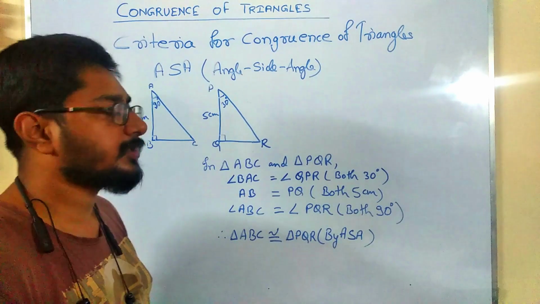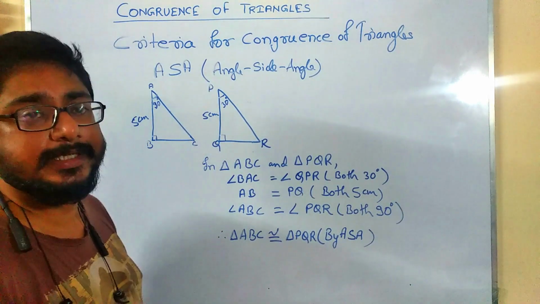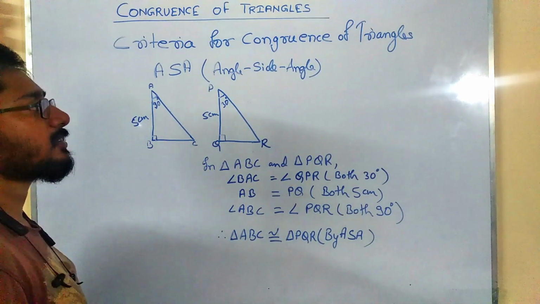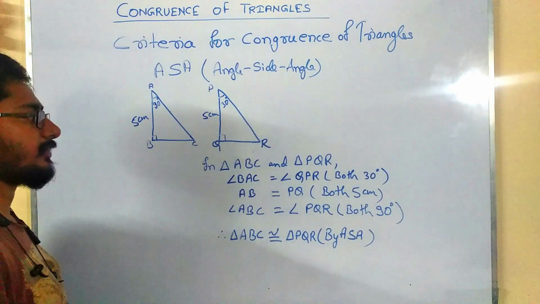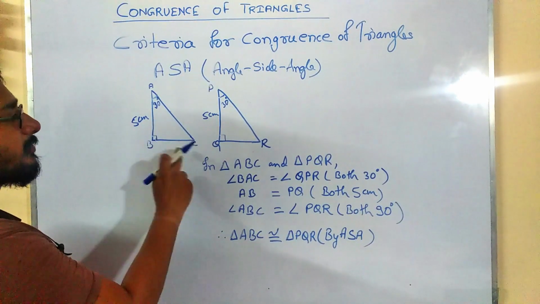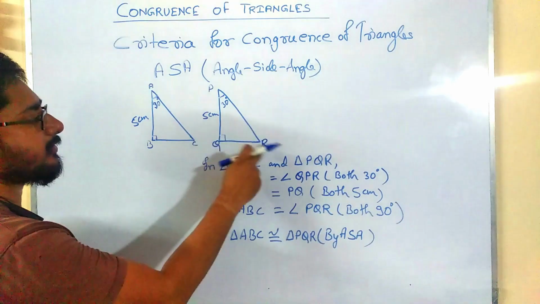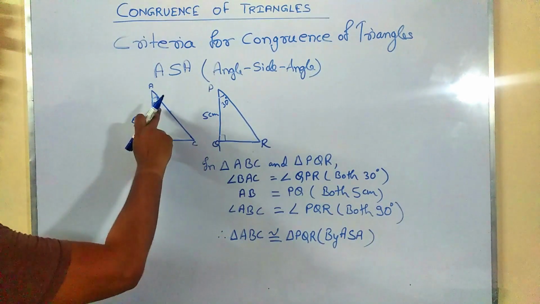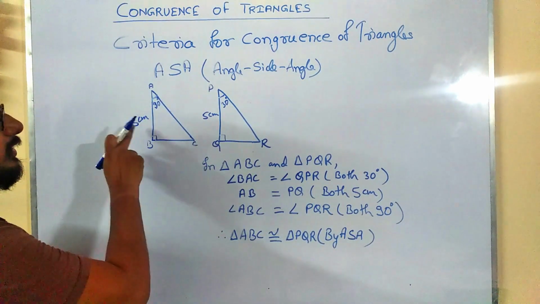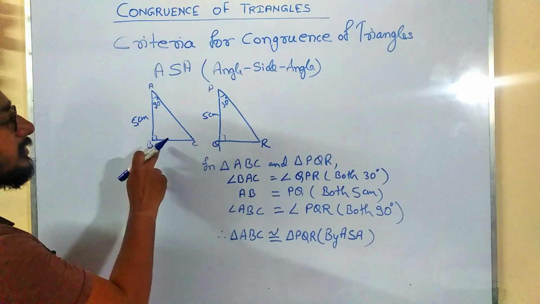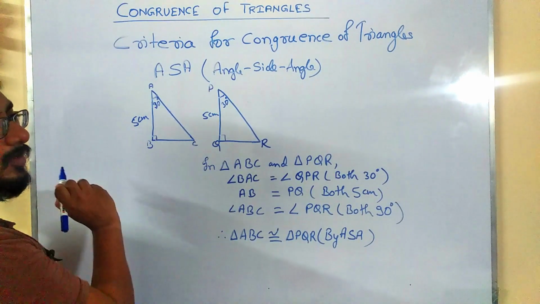Next we will learn about ASA congruency criteria, that means angle side angle congruency criteria. We are having two figures, triangle ABC and triangle PQR, in which one angle is 30 degree, one side is 5 centimeter, and this angle is not given.